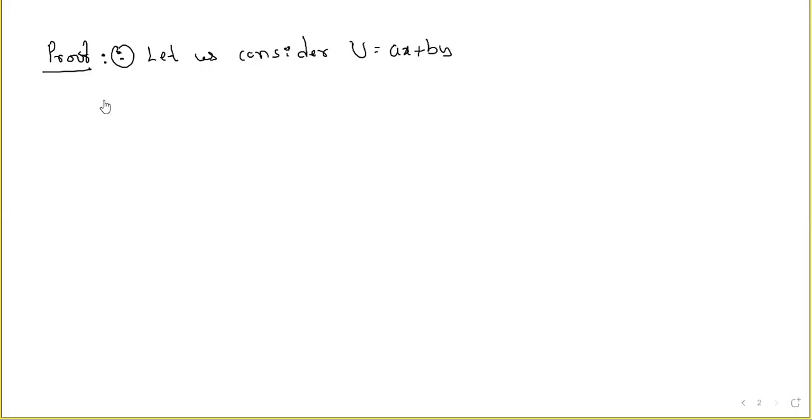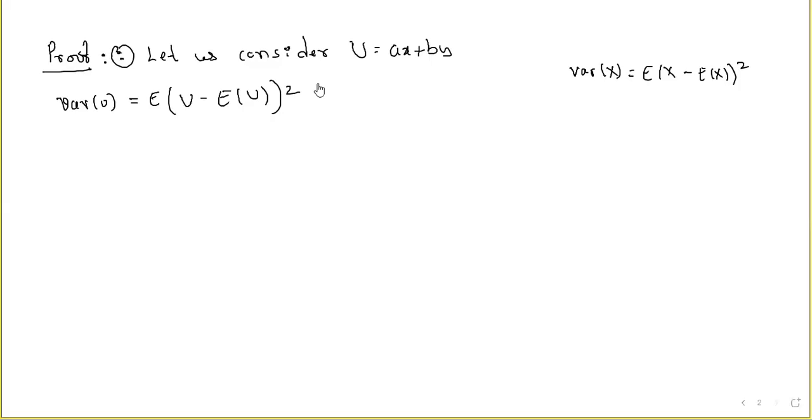So then what is our variance of u? We have the formula, right? Variance of x equal to expected value of x minus expected value of x whole square. Instead of x, we have u here. So expected value of u minus expected value of u whole square, right?